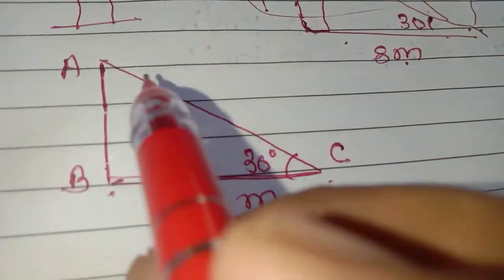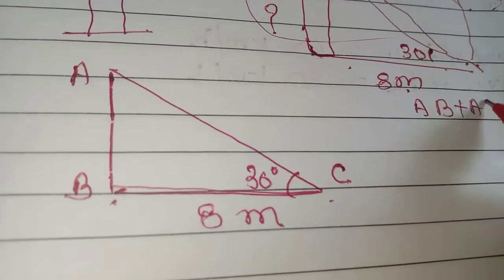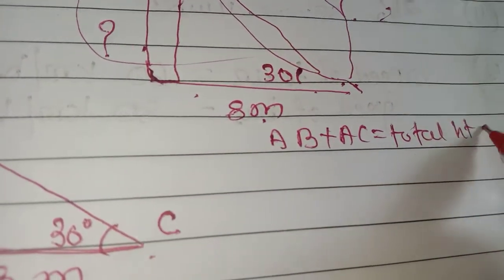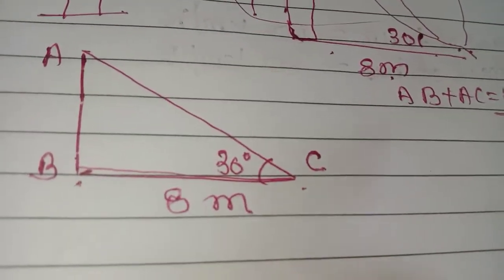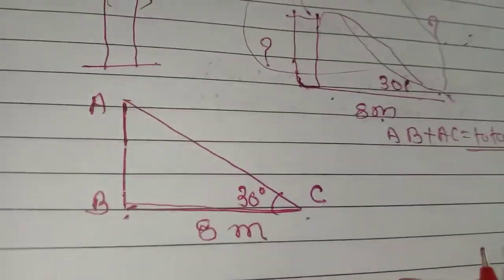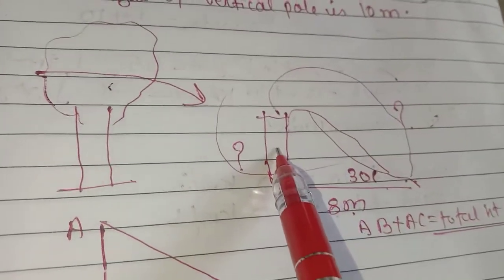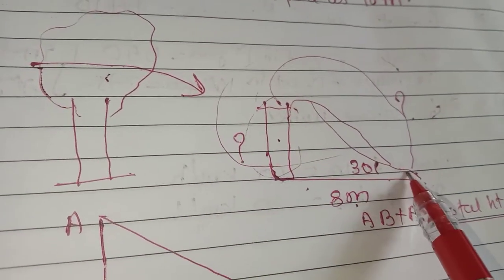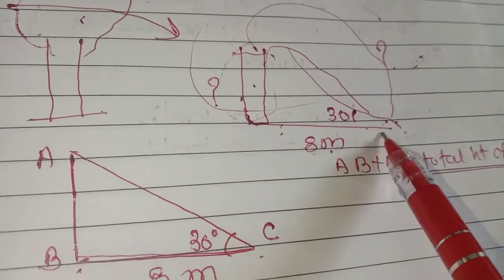So total height of the tree means the sum of AB plus AC will give us the total height of the tree. That thing is clear. You can see the whole tree as it is breaking down. It is the unbroken part, and this one is the broken part, touching the ground at an angle of 30 degree, at a distance of 8 meter.